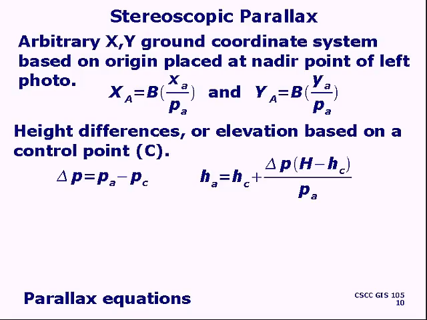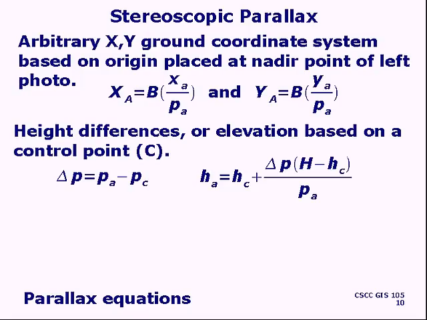The height of C, okay, remember that's a control point, so we know the height of C. We know that big H, what is big H? It's the height MSL. It's the flying height over the datum.